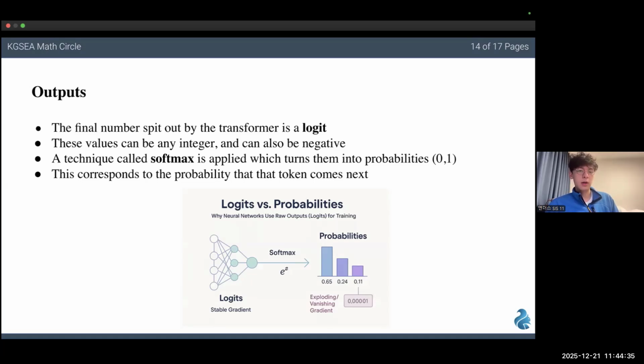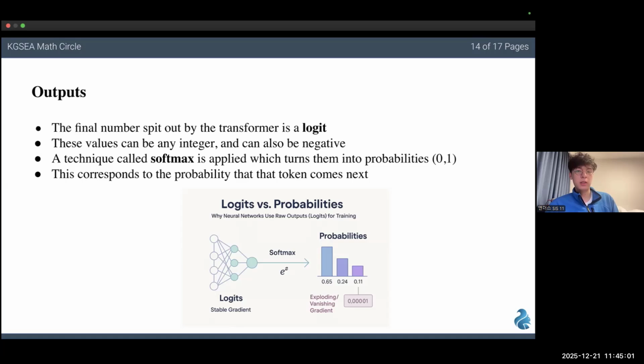So here's the technique called softmaxing, which I mentioned earlier. Basically we raise e to the power of the logit, and that's going to give us a positive number. It's called softmaxing because it's not simply a binary maximum search, but it also gives weight to other tokens that aren't necessarily the maximum but still have a decent probability.